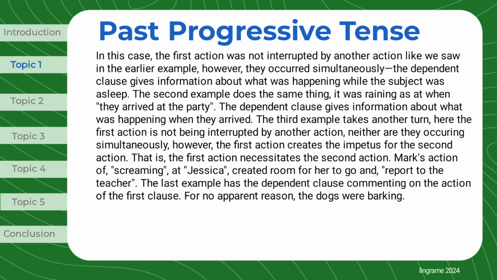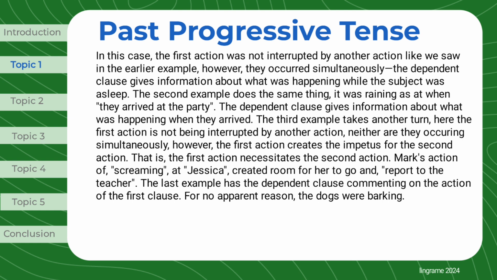The second example does the same thing. It was raining when they arrived at the party. The dependent clause gives information about what was happening when they arrived. The third example takes another turn. Here, the first action is not being interrupted by another action, neither are they occurring simultaneously. However, the first action creates the impetus for the second action.